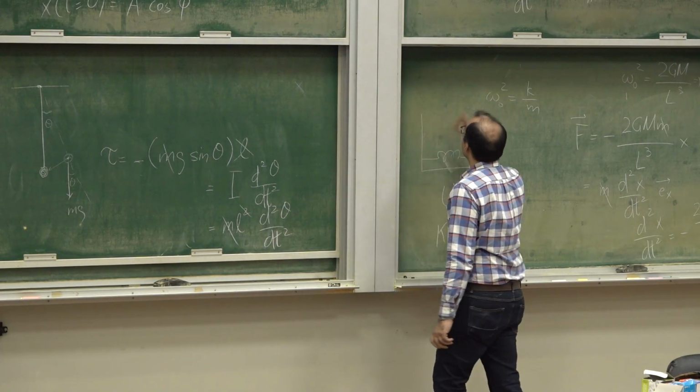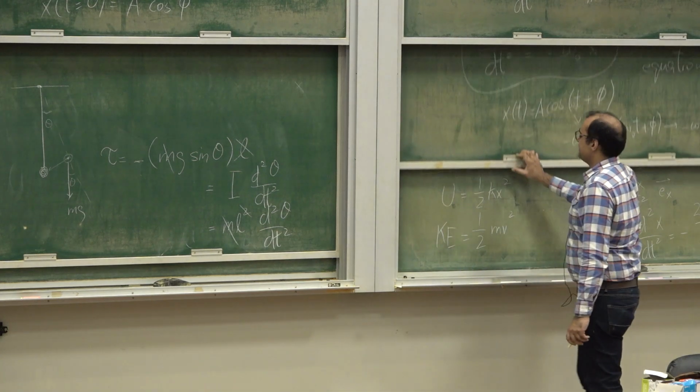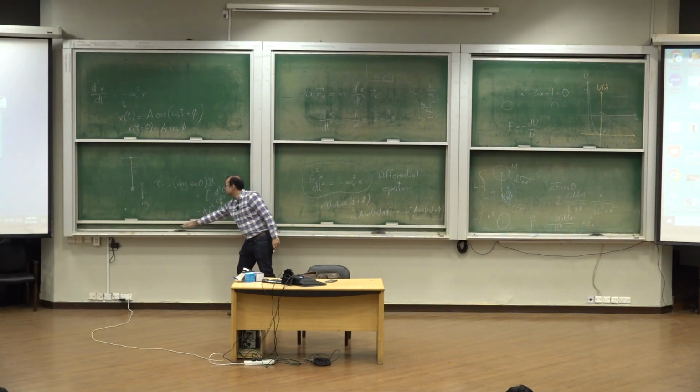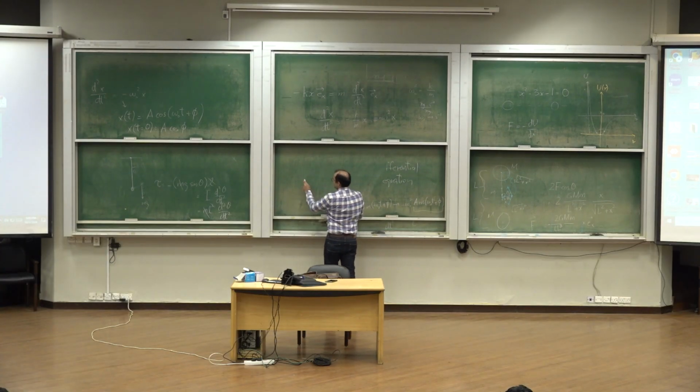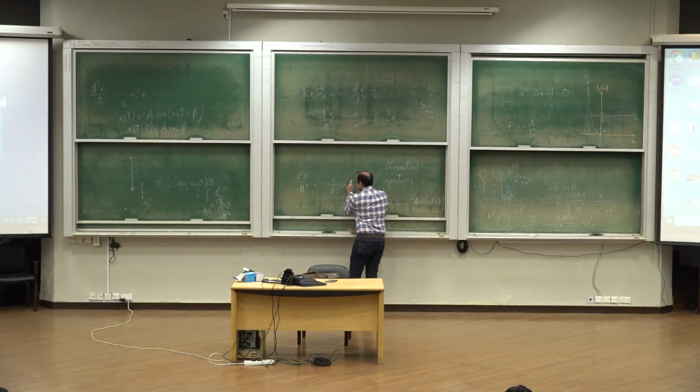और फिर आपके पास आ गया कि the double derivative of theta with respect to time will be equal to minus g over L sin theta.